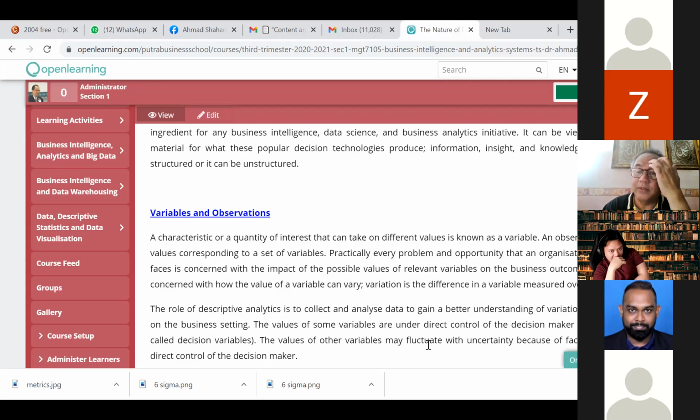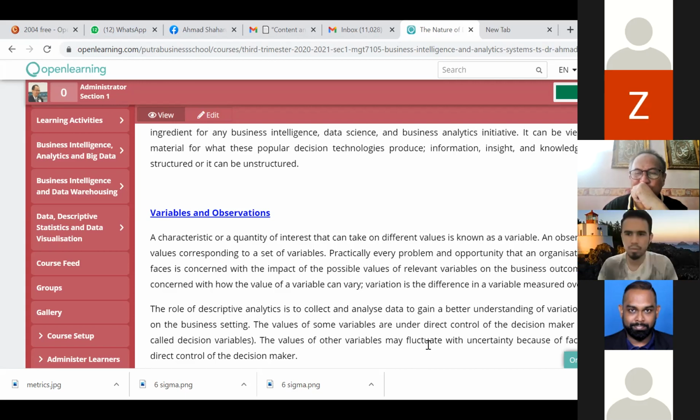For example, what are variables that can fluctuate without you controlling? Yes, raw material.